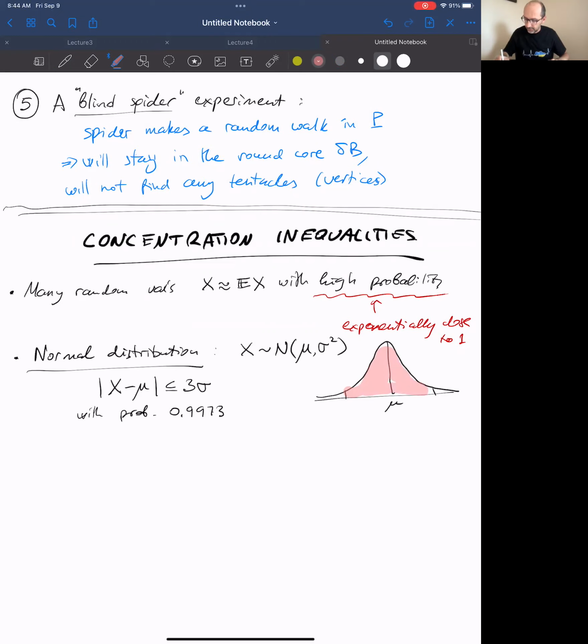It's a little surprising, I guess. This is 3 sigma here, and this is 3 sigma here, and the area in between is almost 1. The tails are very, very thin.